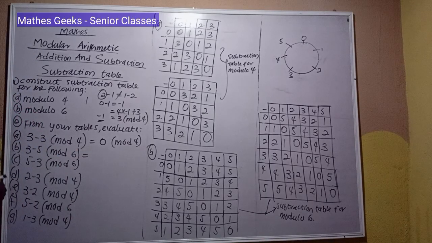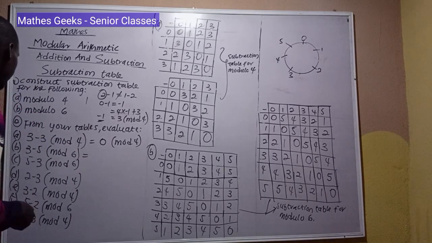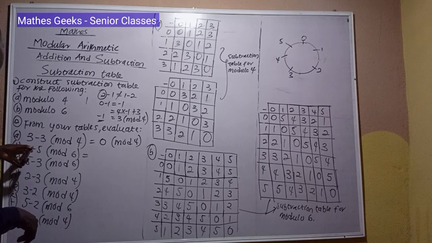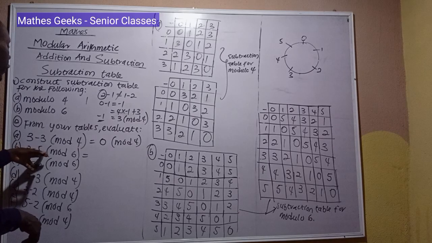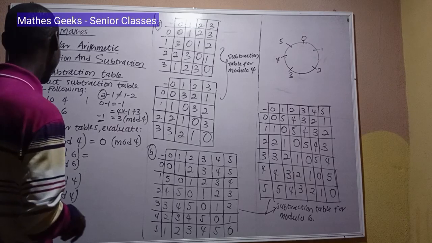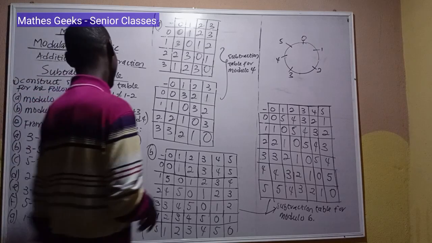Now 3 minus 5. The number here is less than 5, so that will give us a negative value. Another way to confirm your answer is by using a number circle.